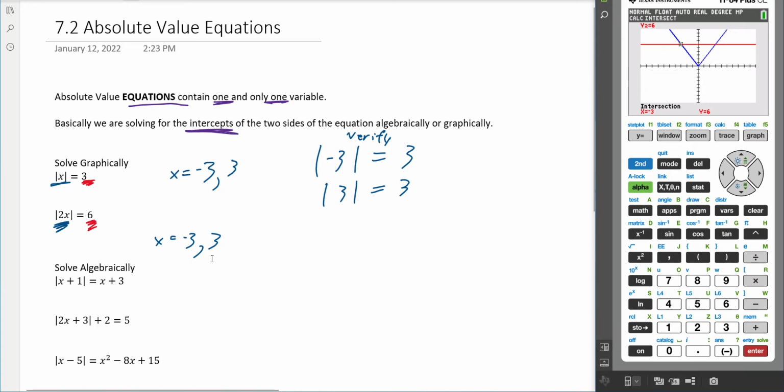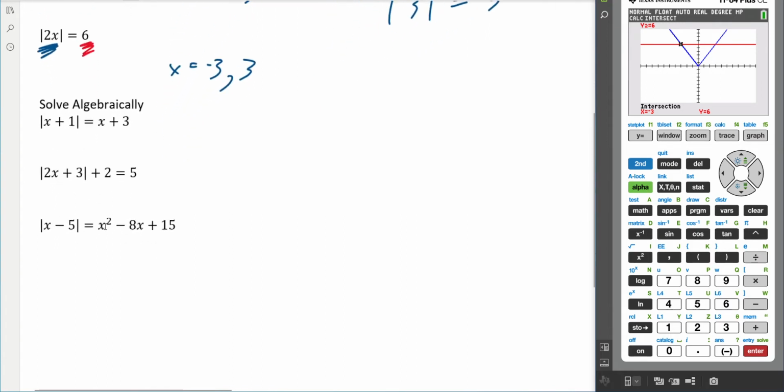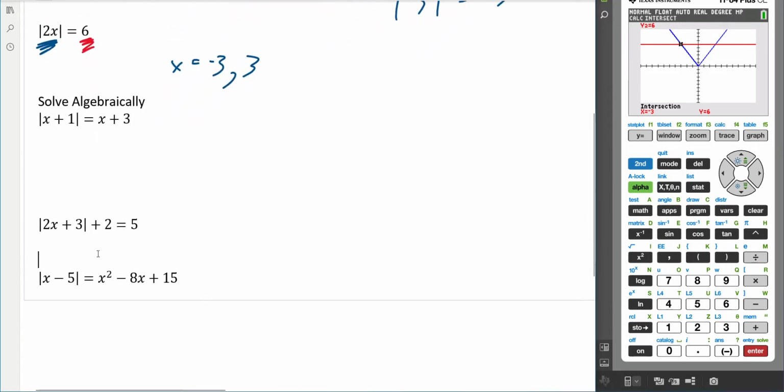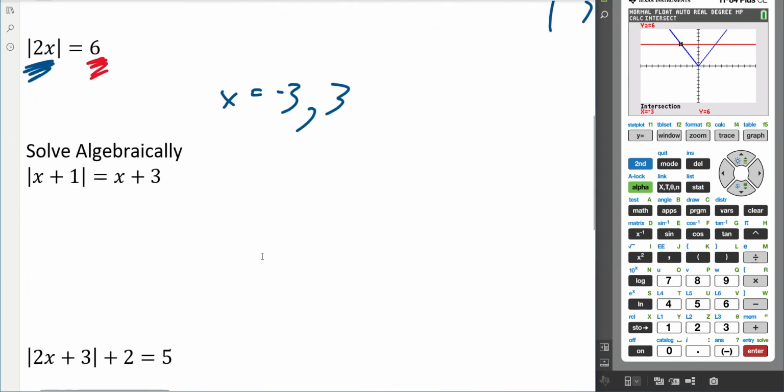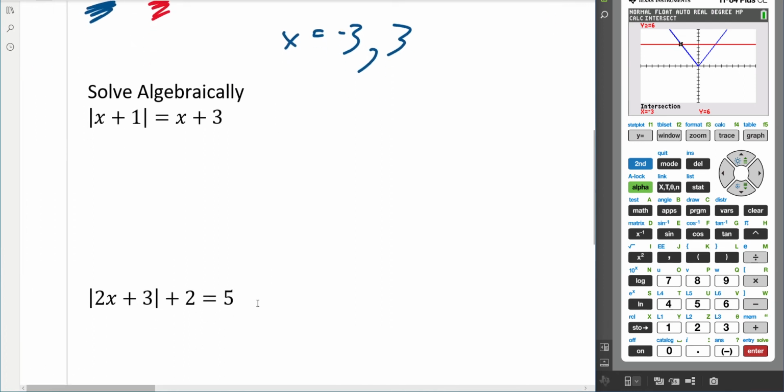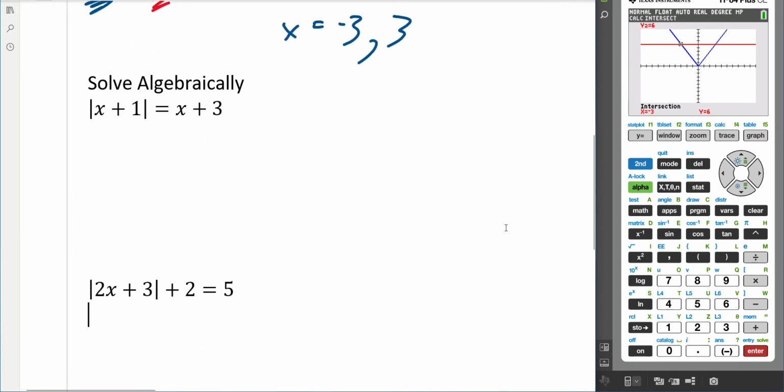Okay, now let's try some algebraically. We're going to need a little bit more space. All right, so the goal here is to solve for x. So what do we do with this absolute value bracket? Well, what we need to do is move it over to the other side by doing case number 1 and case number 2.